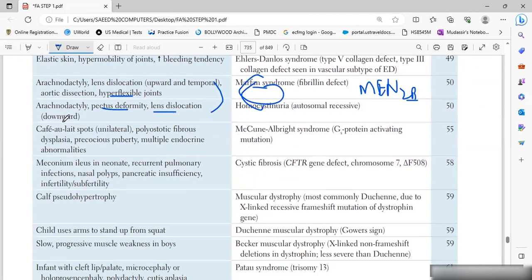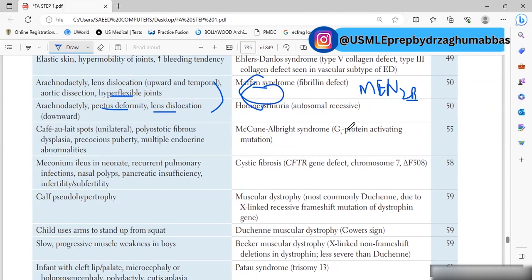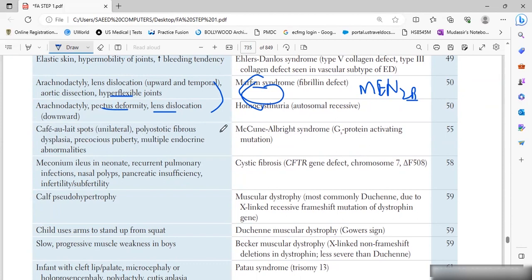Then is a unilateral cafe-au-lait spot, polyostotic fibrous dysplasia, precocious puberty, and multiple endocrine abnormalities. That is McCune-Albright syndrome. Here you will have a Gs protein activating mutation. Here you can make the mnemonic 3 Ps: pot, you can say, for spot, polyostotic fibrous dysplasia, precocious puberty, and protein issue.